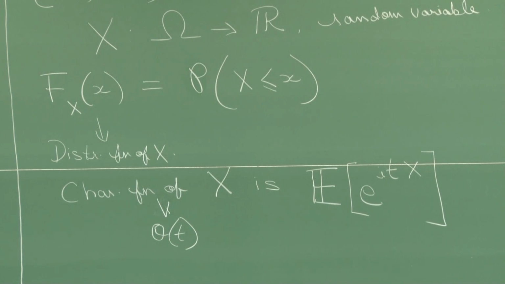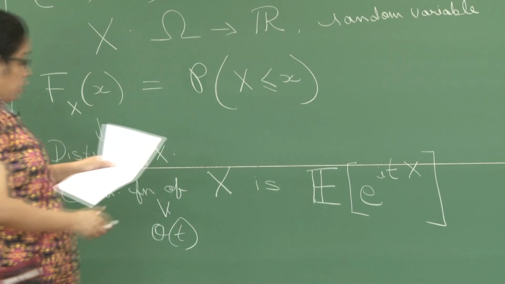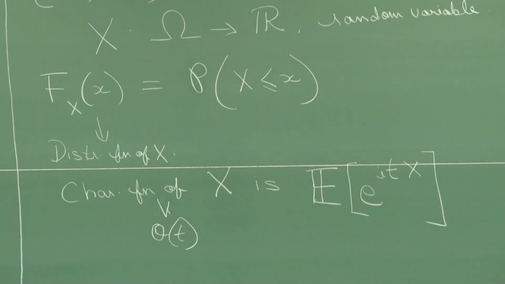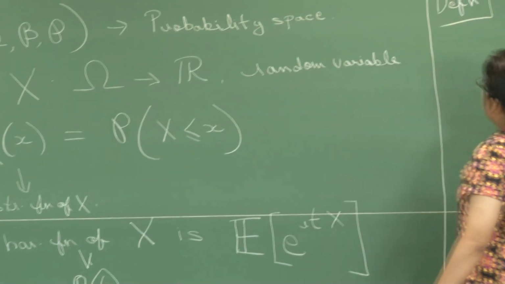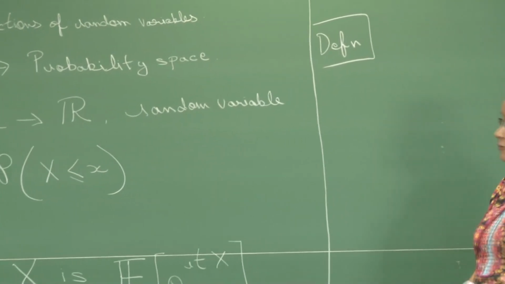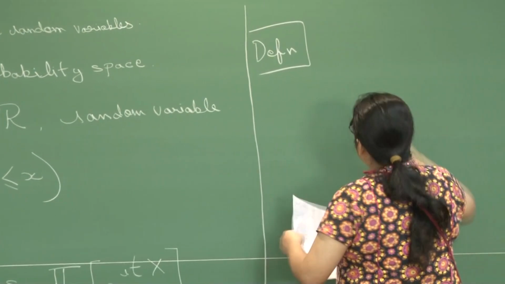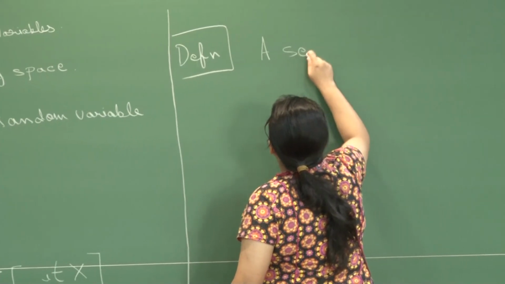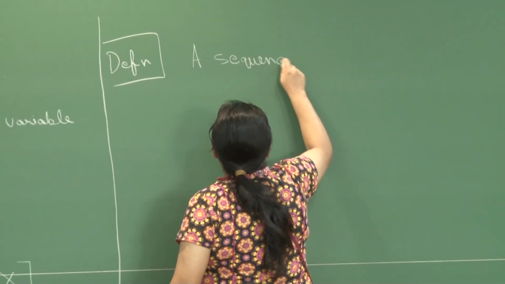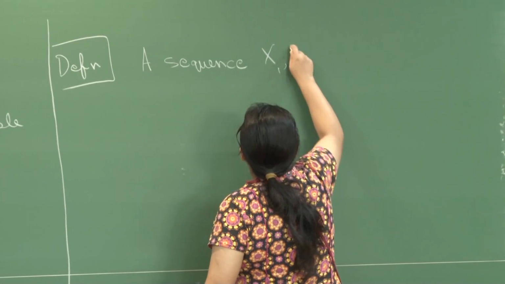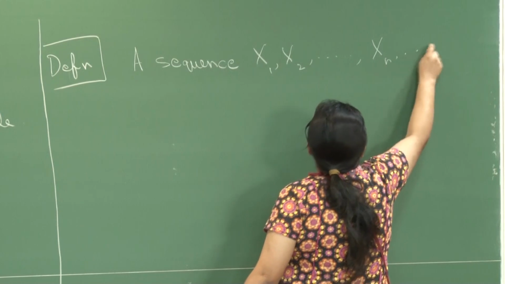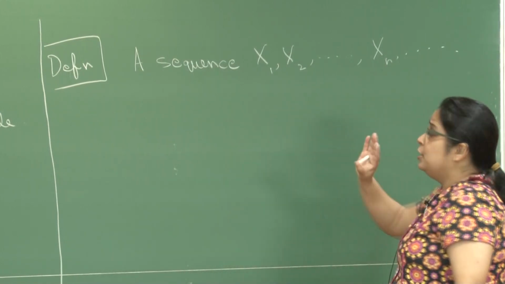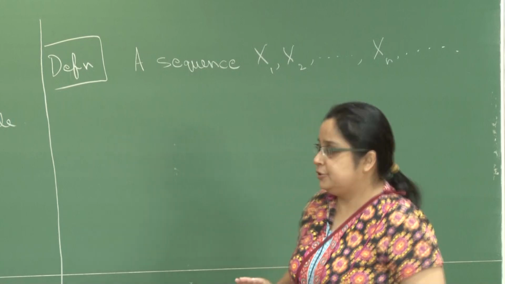So, what is the importance of the characteristic function of a random variable? Before we come to that, let me just also define another notion, namely that of weak convergence. So, suppose you have a sequence X1, X2, and so on, of random variables, not necessarily on the same probability space.